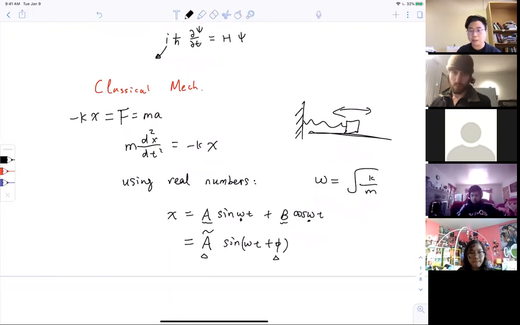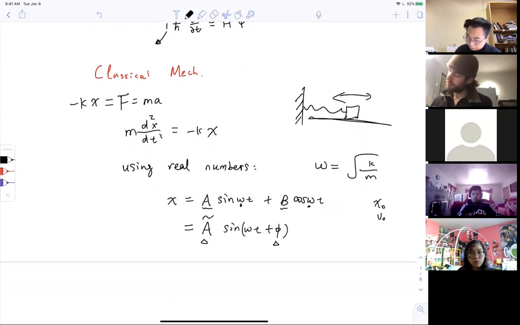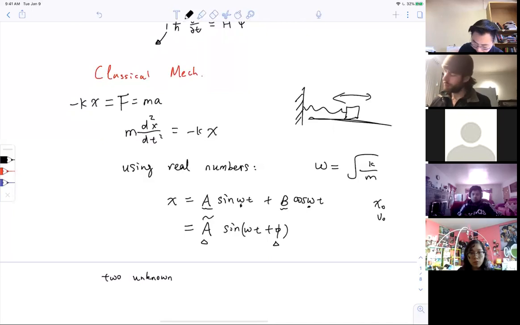They are fixed by two initial conditions: one is the initial position and the other is the initial velocity, right? So basically, there are two unknown parameters in your solution.